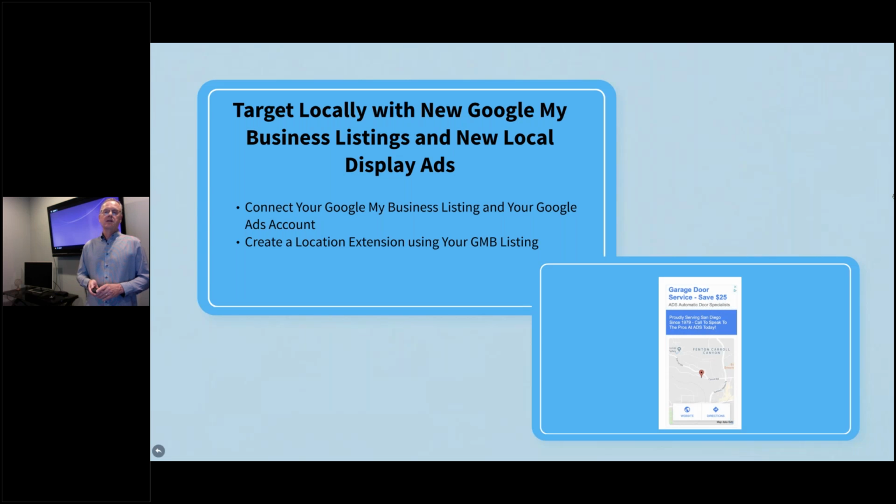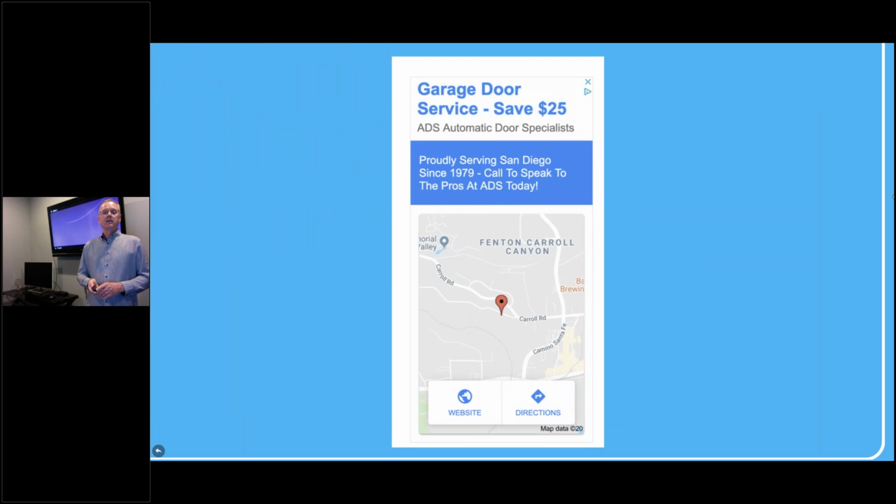So what this allows you to do is create this type of ad. Now these ads show up in retargeting. If you've been to this company's website, then you would see this type of ad when you got close. Let's say you're driving by and this could pop up on your phone. You would also see it if you expressed an interest in a garage door and you were close to this business.